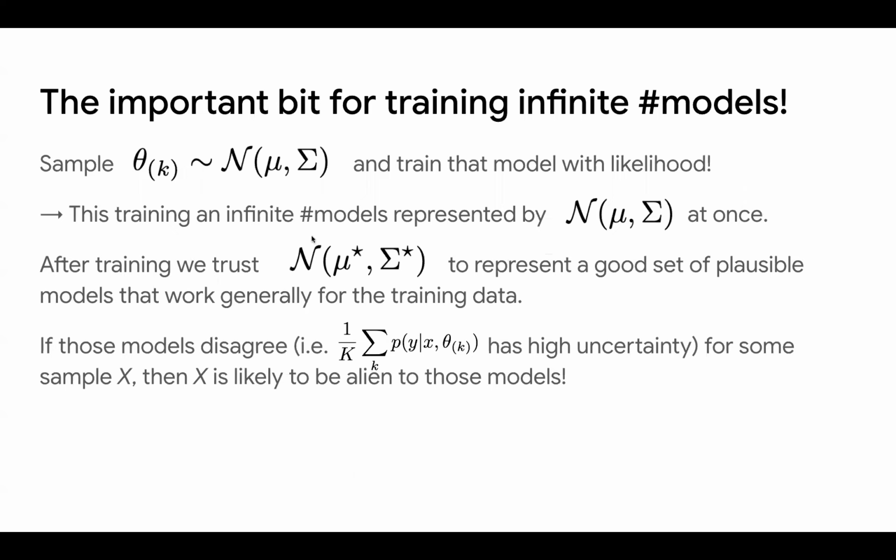So I'm kind of reiterating a bit, but the ingredient here for training an infinite number of models is you sample and then train that model with likelihood, and then eventually you are trusting this model to represent a good set of plausible models that is working well for the training data. So there are multiple solutions in this set.